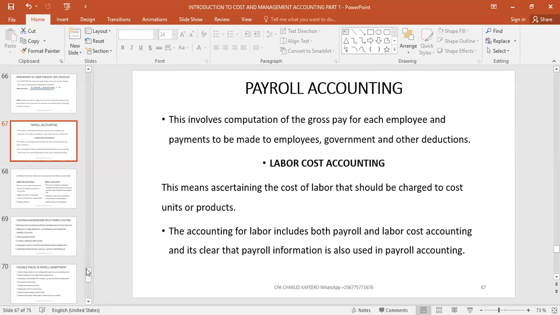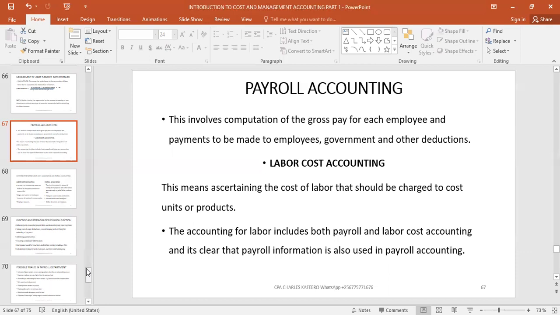Then we also have non-statutory deductions. They may be in the form of, let's say someone took a salary loan and that loan is coded on someone's payslip. You may find that those deductions are made before the person receives the salary.